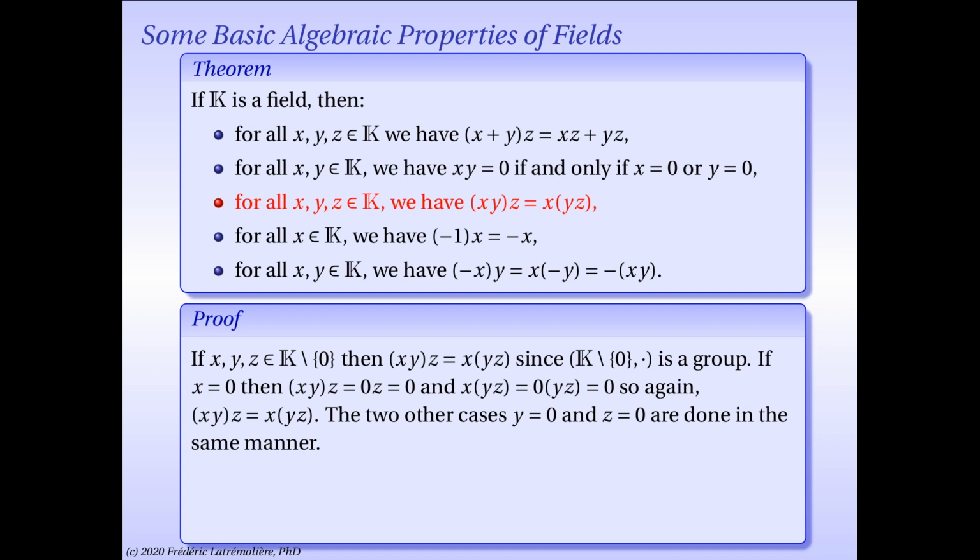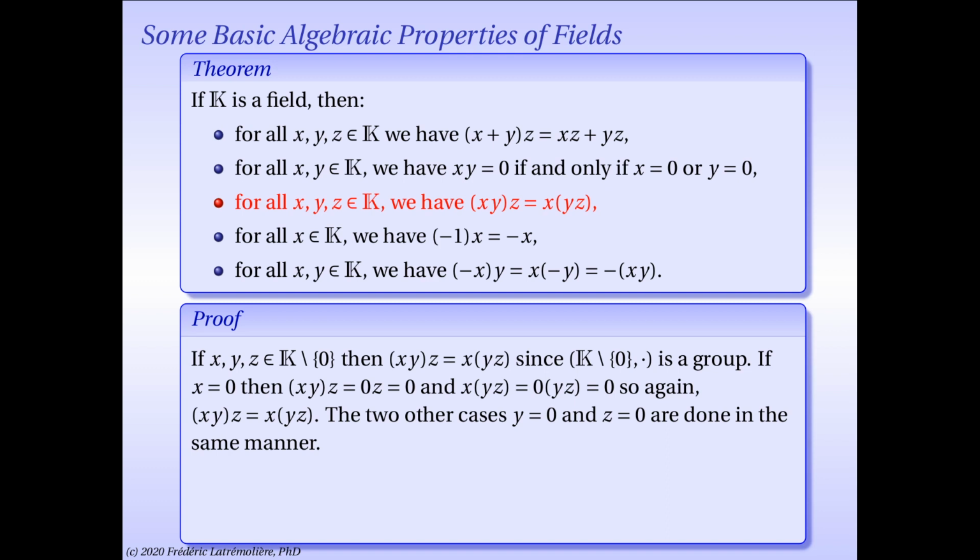Next, suppose that, for instance, x is 0. And say y and z, I'm not saying anything about them, just x is 0. Then let's calculate first (x times y) times z. Well, since x is 0, I just proved to you that x times y is 0, because 0 times y is 0. So (x times y) times z is equal to 0 times z, and that in turn again is equal to 0.